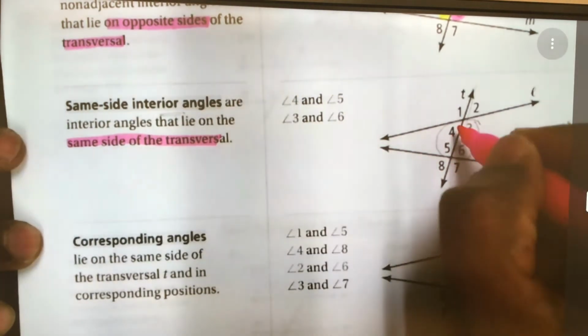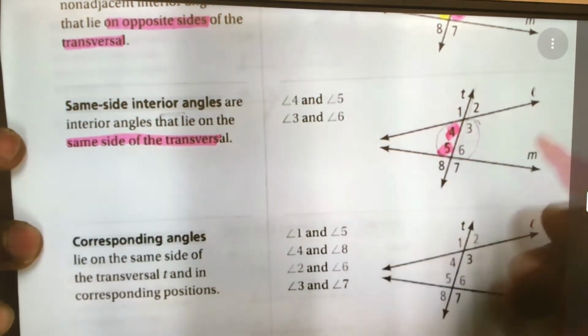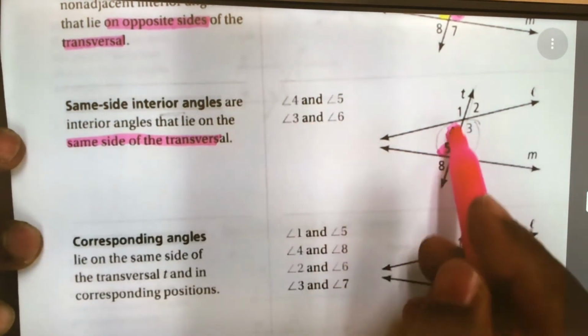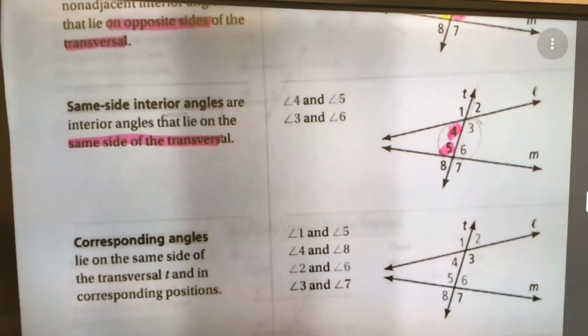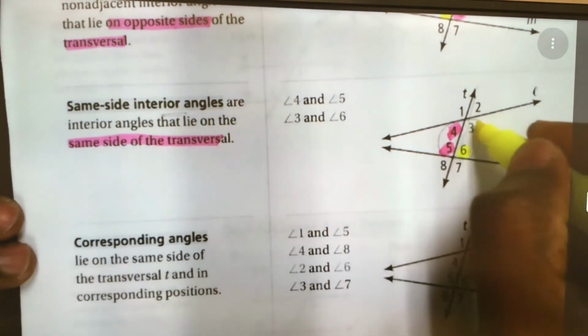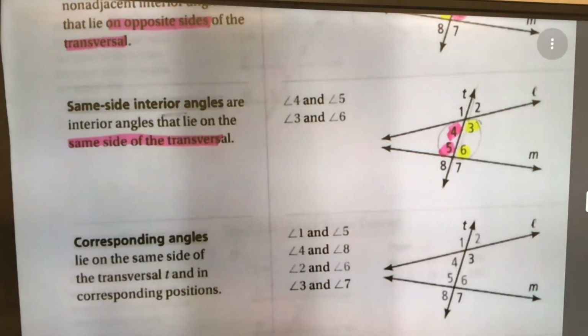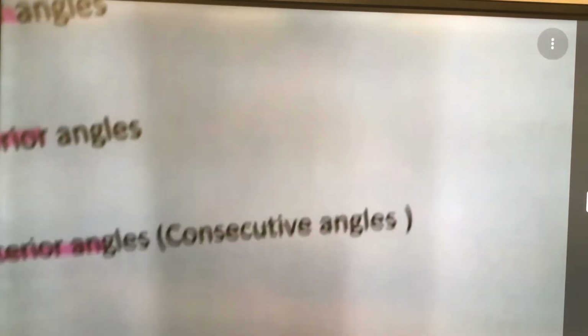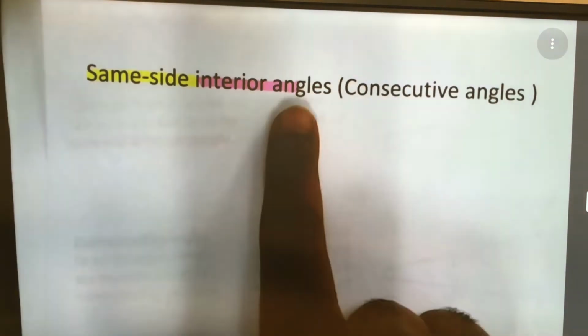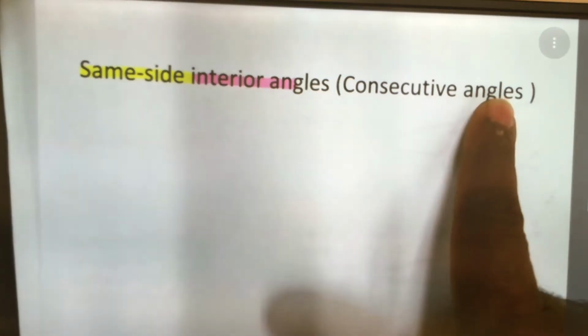So the angles are 4 and 5. They are same side interior angles, and also angle 6 and angle 3 are same side interior. Another word for same side interior is consecutive angles.